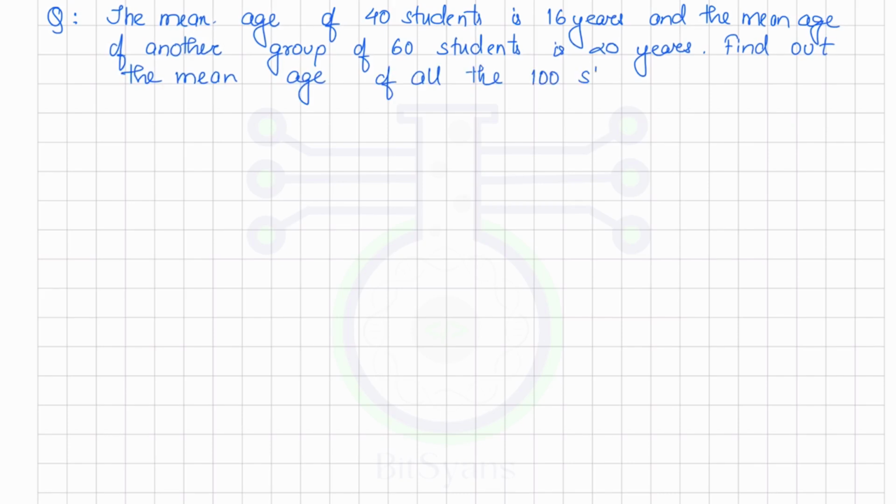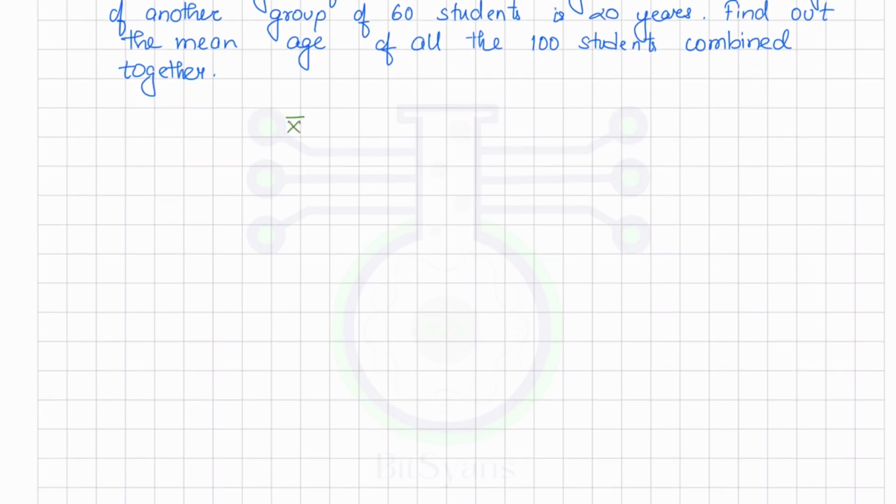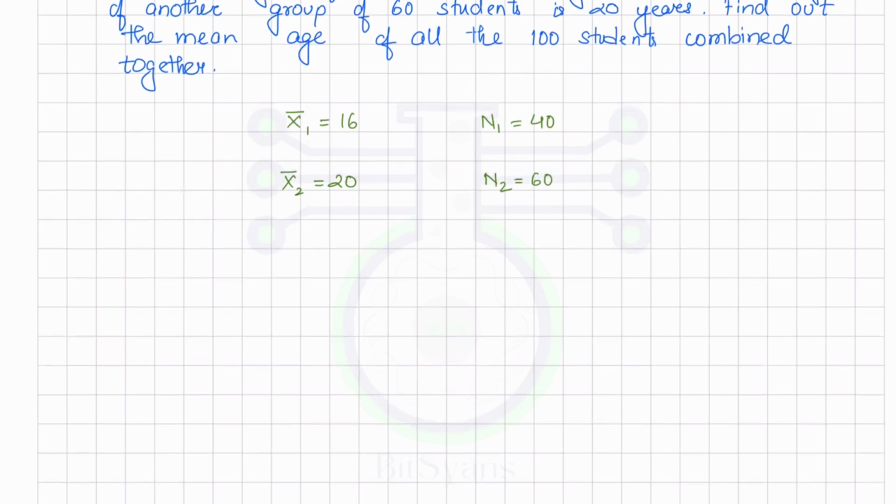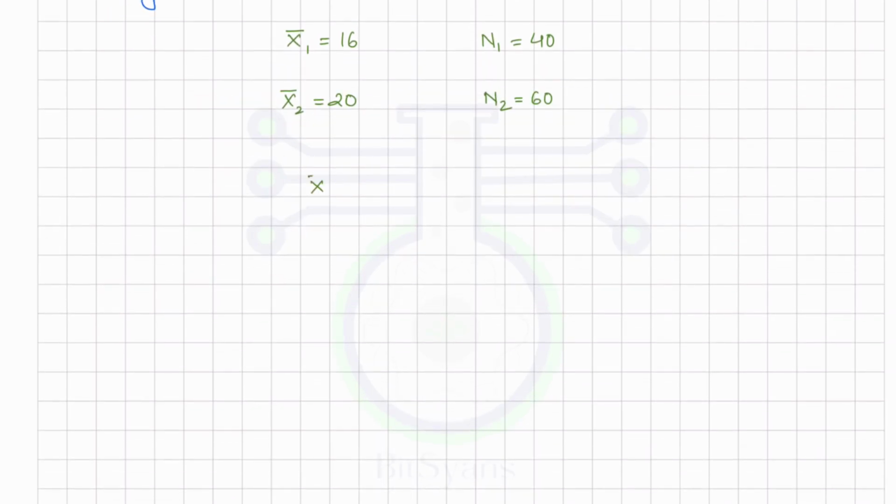So let the first distribution be represented by x1 and the second distribution by x2. x1 bar is equal to 16 because the mean age is given as 16 years, and n1 is 40 because the number of students is 40. x2 bar is 20 because another group is 20 years, and n2 is 60 because the number of students in that group is 60. I hope this is clear to you.